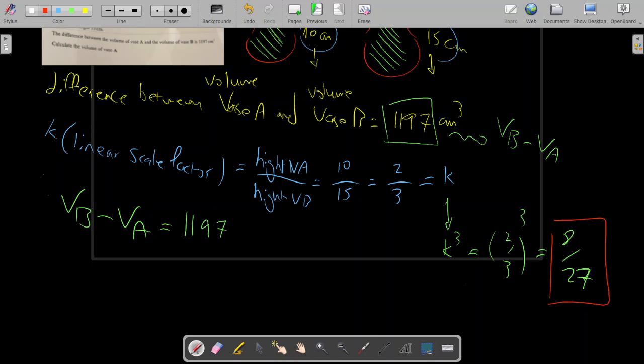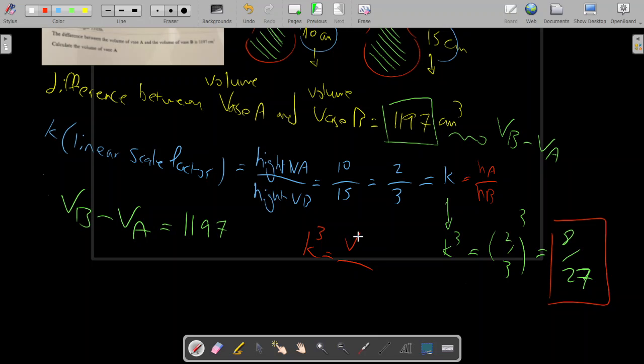Now what we need to do is to use this information. K here is the result of the height of A over the height of B, right? Here, it's representing the ratio between the volumes.